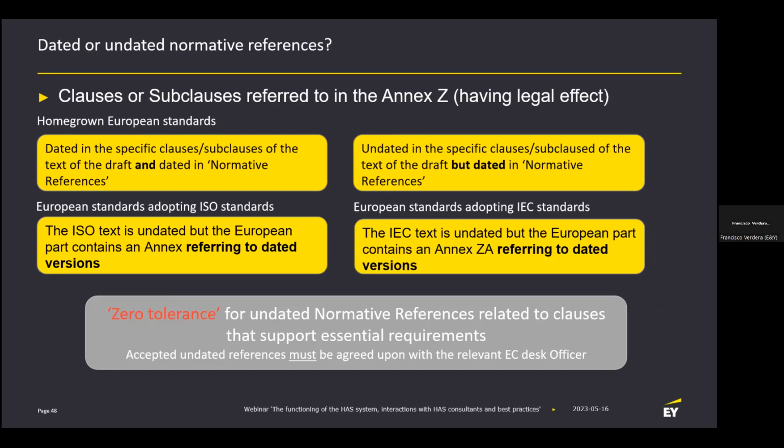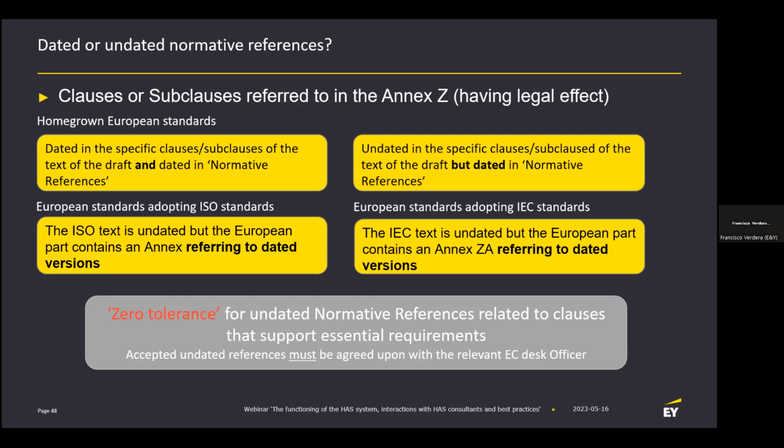Well, in the case of homegrown, and this means European standards that are fully developed by the ESOs, not using international documents as a reference for adoption, the references shall be dated in the specific clauses or subclauses of the text and in the normative reference section. Of course, it may happen that a technical committee does not date a particular paragraph or a particular section, which is the example in the top right.